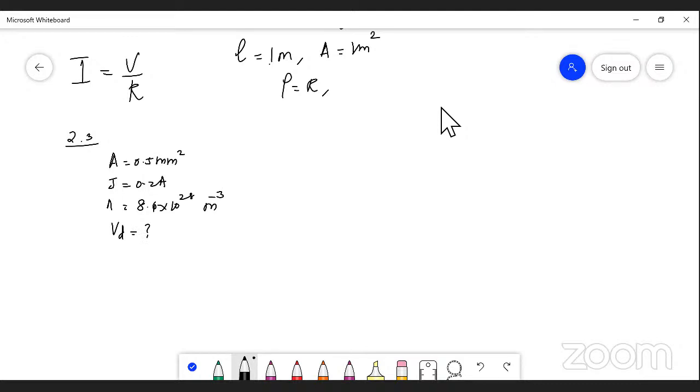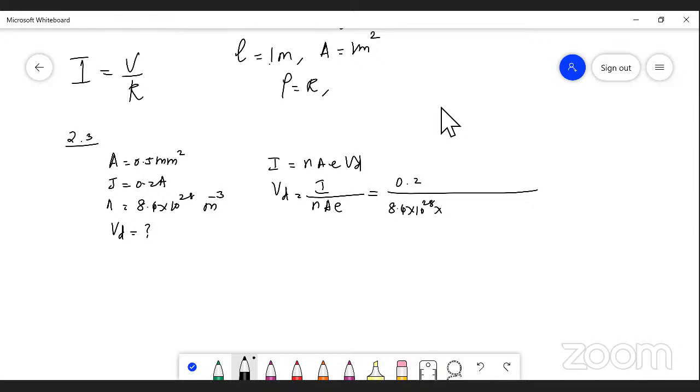Given data is this one. We know the relation connecting current and drift velocity is I equals NAe VD. Drift velocity is asked, so VD equals I divided by NAe. Substitute the value of current, 0.2. Number of free electrons per unit volume is 8.4 into 10 power 28.